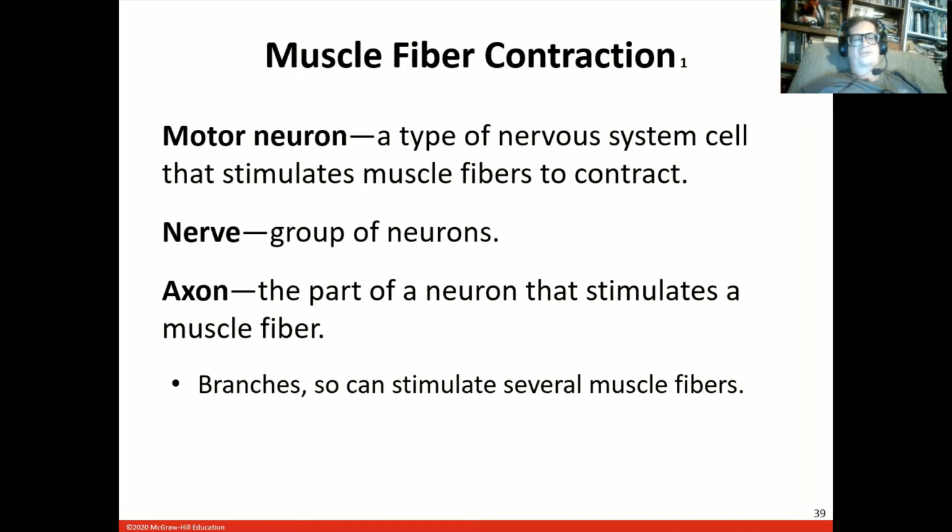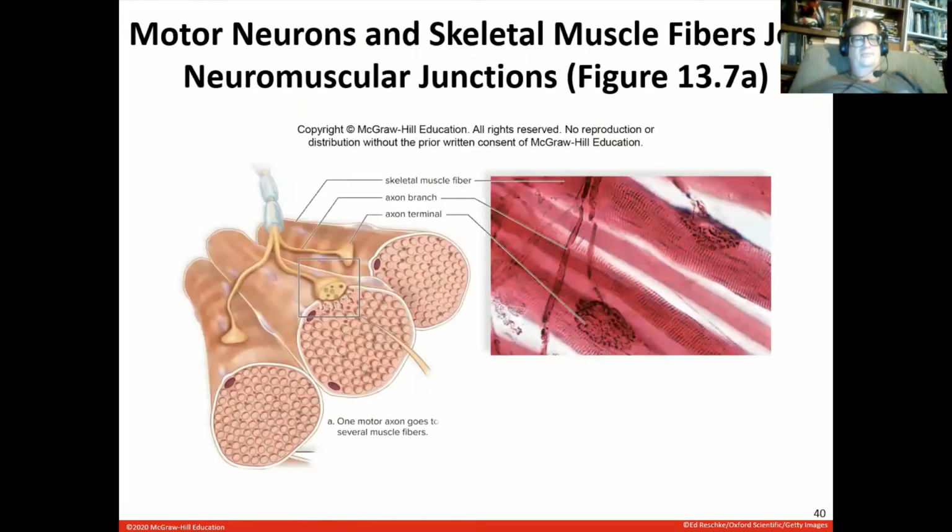You send an electrical signal down it, electrochemical signal actually. And you have a little bit of branching on that axon, so it can talk to several different muscle fibers. You don't have one axon going to one muscle fiber. You have one axon coming in and it's going to get that muscle fiber and that one, so they all get a signal to contract.